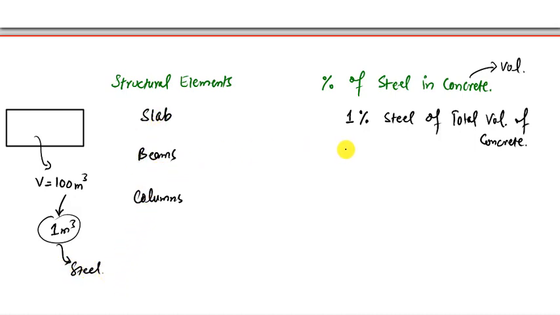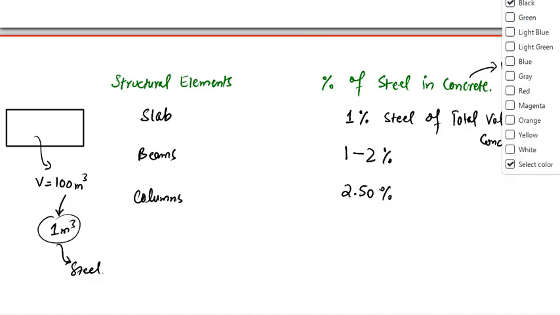So similarly for beams, we consider 1 to 2% of steel in the concrete, and for columns we consider 2.50% of steel in the concrete. So these were the thumb rules for steel inside any RCC structure.